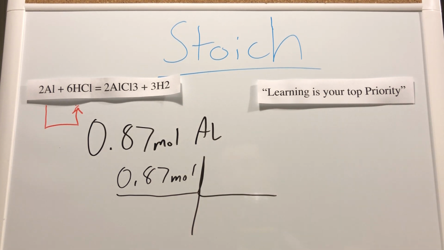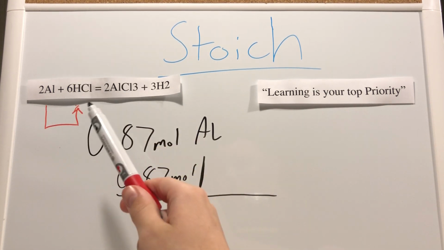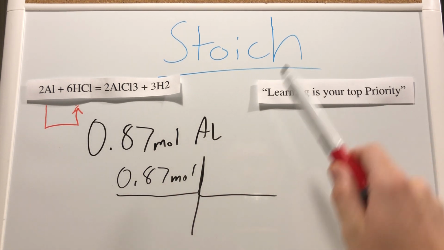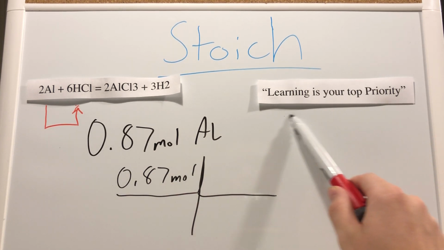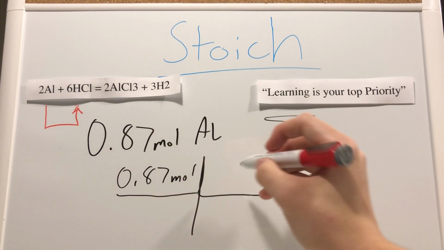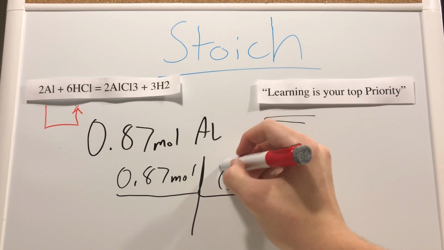And so now we're going from aluminum to hydrochloric acid. So learning is our top priority. The thing we're trying to find, the thing we're trying to learn about, is our hydrochloric acid. So we're putting that coefficient on the top. Draw that in there.